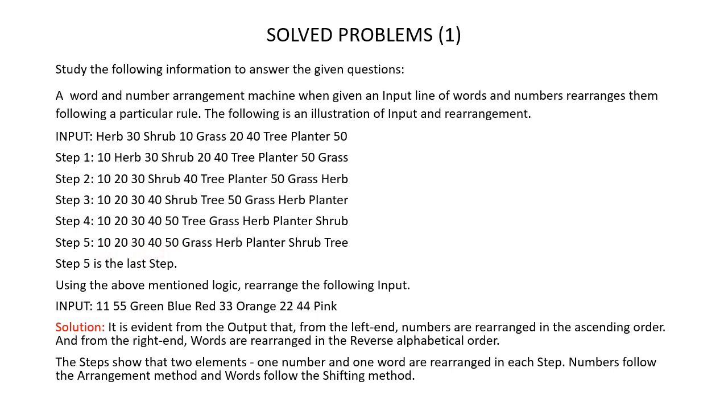And as you can see in these steps, first number to be rearranged in step 1 is 10, and the next number that is rearranged in step 2 is 20, and so on. This shows that the rearrangement is done in the same order as is given in the output. These two reasons show that arrangement method is followed at the left end.